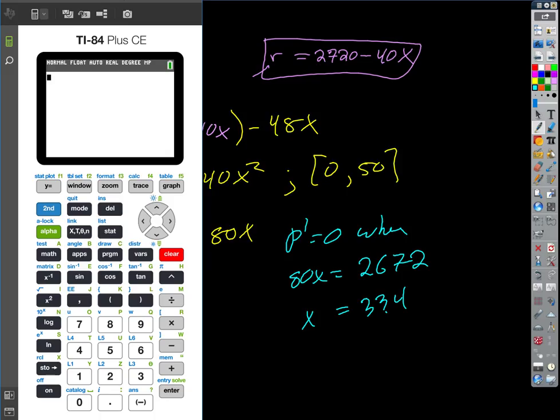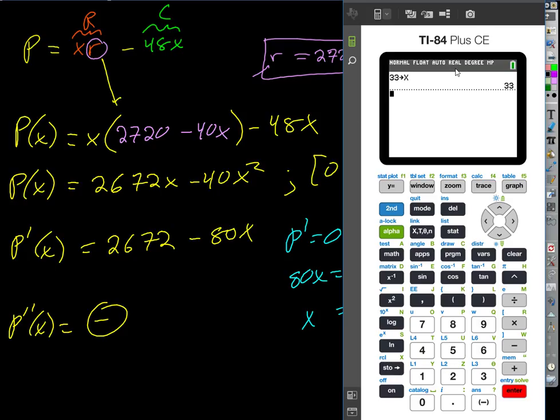Okay, so remember our little trick. We can store a value as x. So let's store 33 as x. 33 store x, hit enter. And then there's our profit function right there. So let's just evaluate that expression. 2672x minus 40x squared is 44,616.